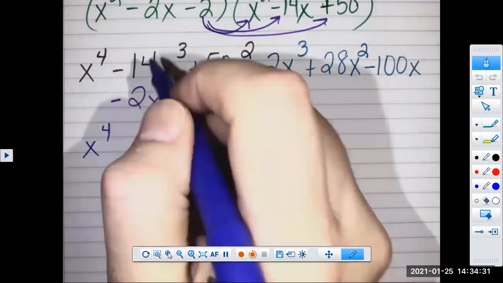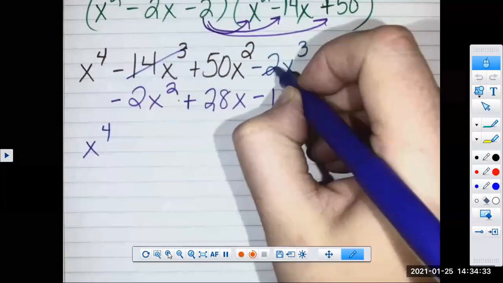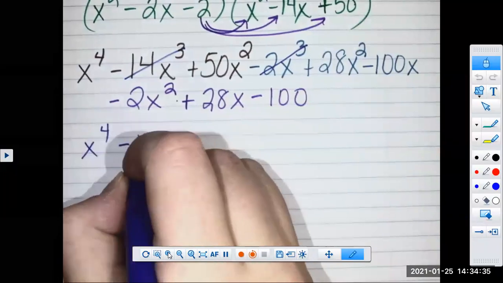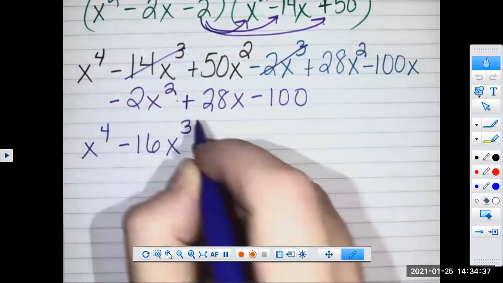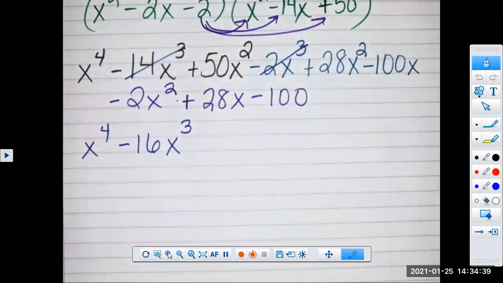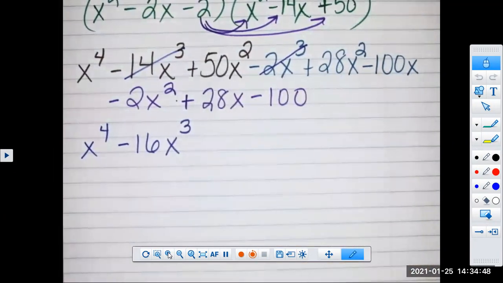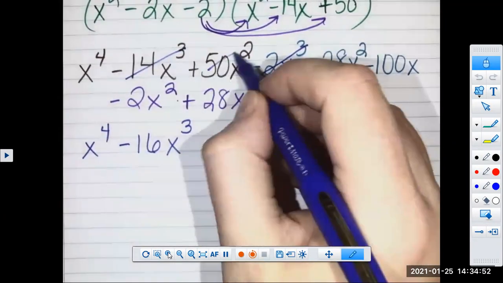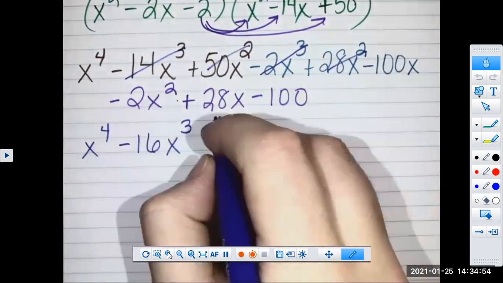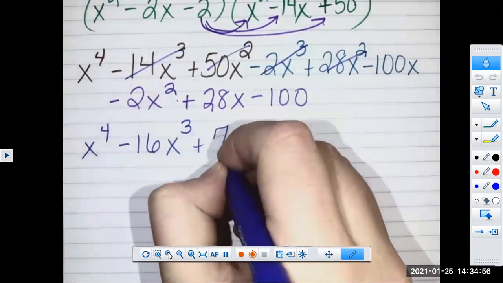So negative 14x cubed minus 2x cubed, negative 16x cubed. 50x squared plus 28x squared, 78x squared, and then minus 2 more, so 76.